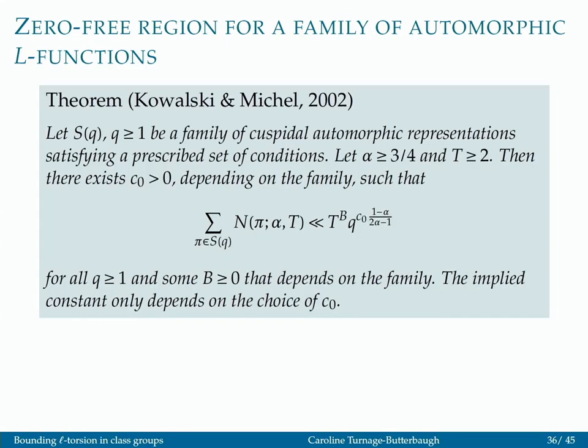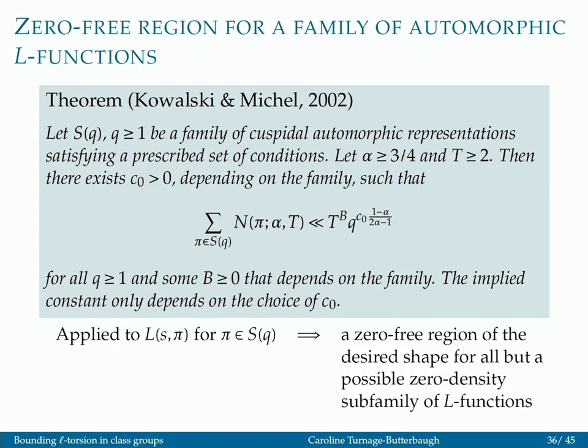So let me show you what that looks like. In this 2002 paper of Kowalski and Michel, they build a family of cuspidal automorphic representations that satisfy a prescribed set of conditions. I'm not going to go through all of the conditions. But if you define their family appropriately, then on average, you can count how many zeros there are within this family of L-functions.